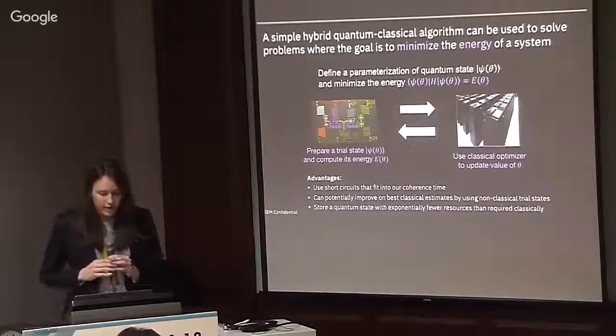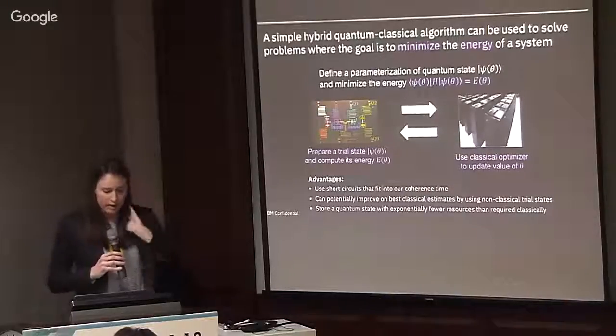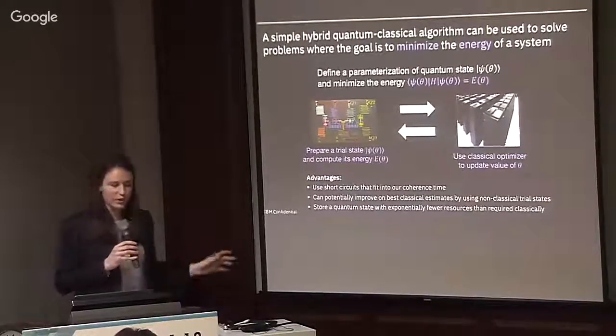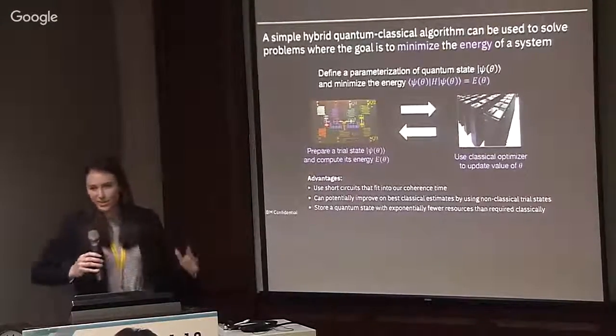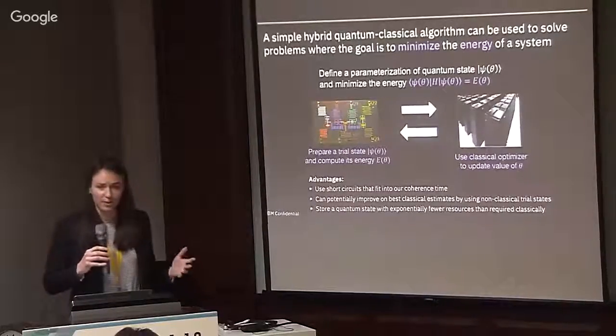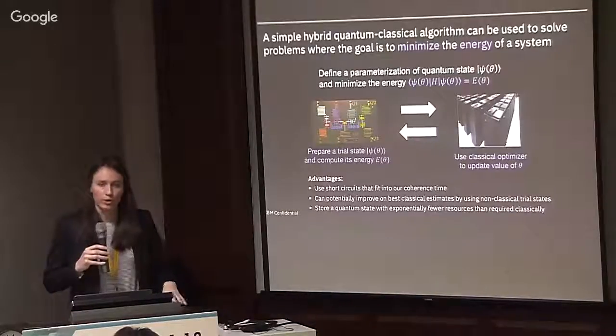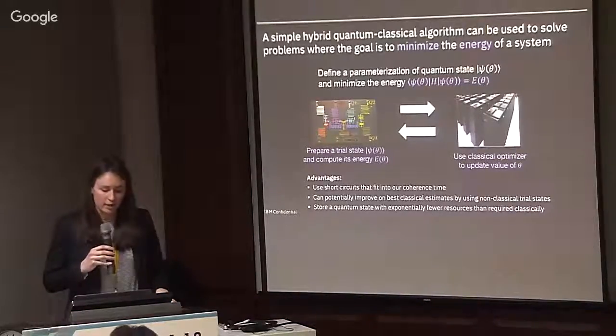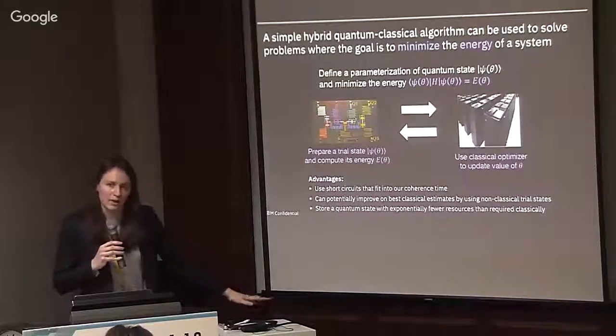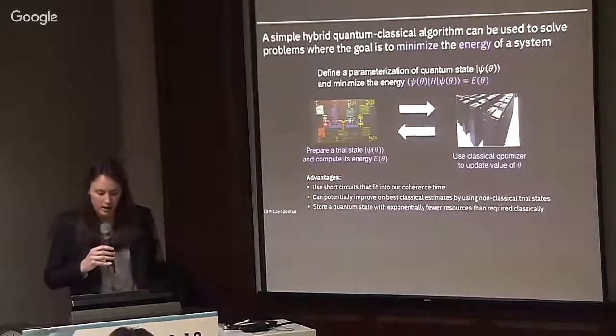And the advantage of this is that because we're using these two calculation methods in partnership with each other, we can actually use shorter depth circuits than if we just tried to run this entirely with a quantum algorithm.